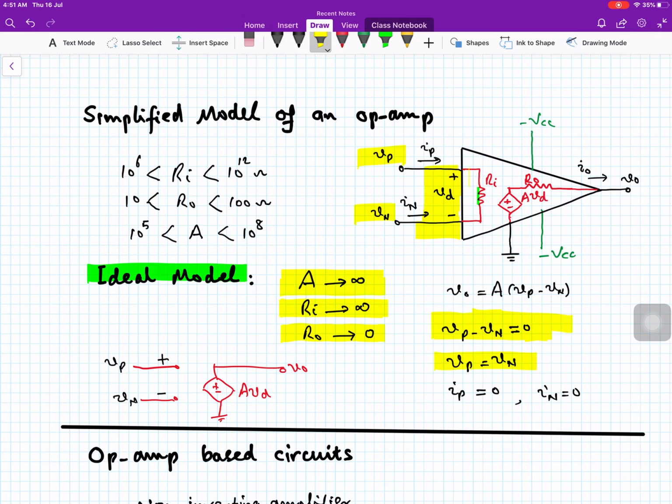And due to the infinite input resistance Ri, the current Ip is 0 and the current In is 0. What I am saying is, look over here, the resistance is infinity, so this current will be 0 and this current will be 0. So these are the assumptions we will be using in the following discussions, and we will be analyzing operational amplifier circuits using these conditions of A, Ri, and Ro.